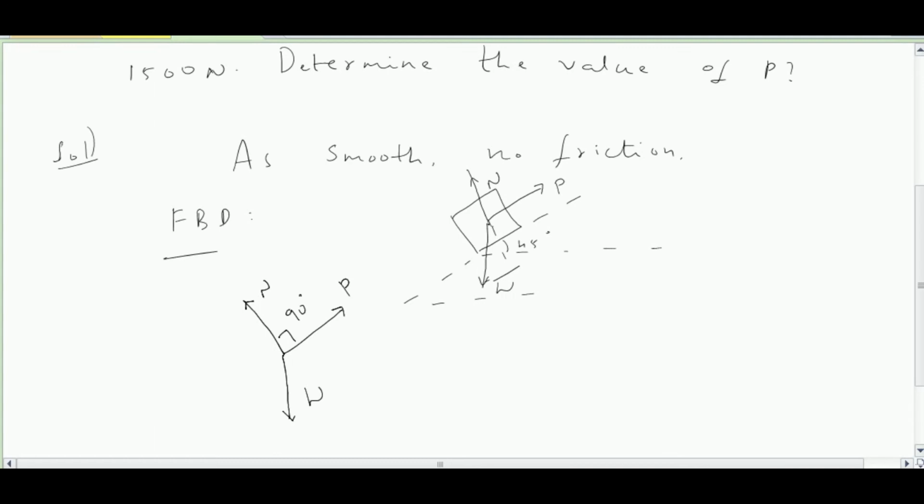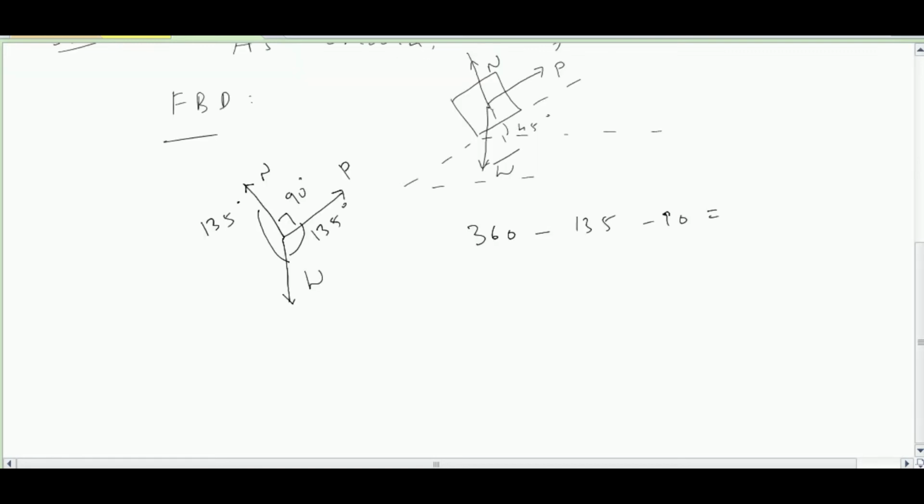So let us take the x-axis along P and the y-axis along N. Or, as there are three forces in equilibrium, we can directly take Lami's theorem: N by sin 135 is equal to P by sin 135 is equal to W by sin 90.